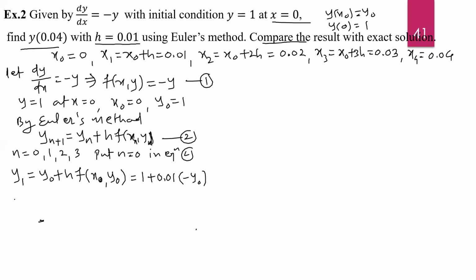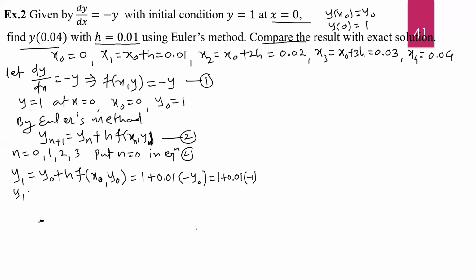So we get here y1 is equal to y naught, which is 1, plus 0.01 into y naught, which is 1, with minus.